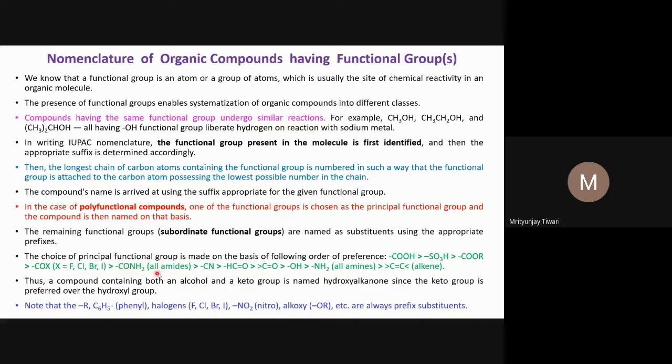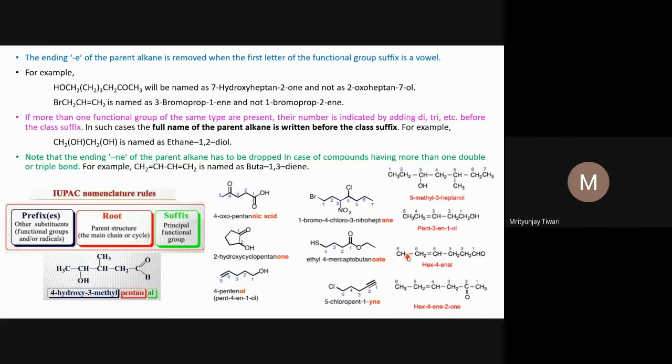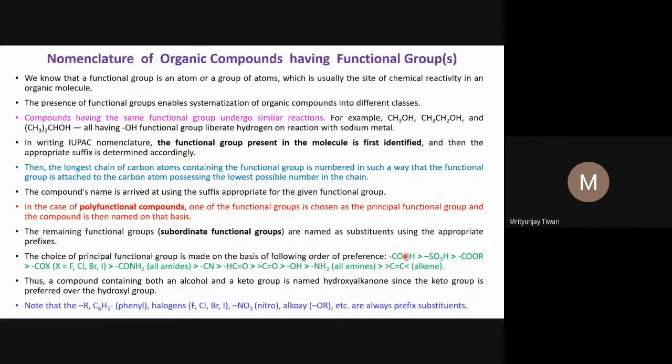So these are amides. All the amides come in this group, the primary, secondary, tertiary amides. And X we know is fluorine, chlorine, bromine, iodine, and then CN, nitrile, and we know the prefix is cyano and the suffix is nitrile. For the carboxylic acid, the prefix is carboxy, and then the suffix is oic acid.